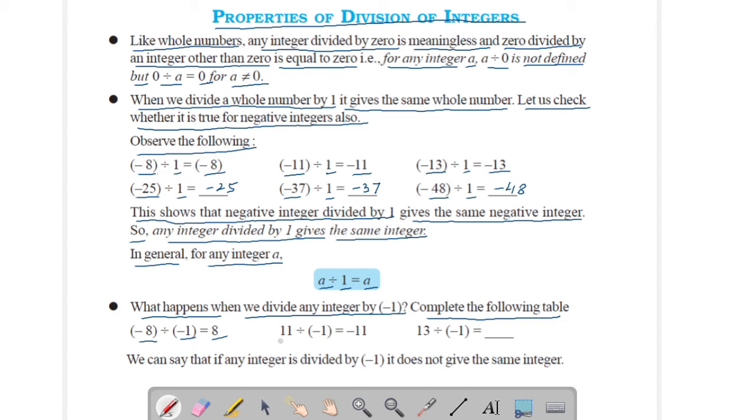Minus 11 divided by minus 1 equal to 11. 13 divided by minus 1 equal to minus 13. We can say that if any integer is divided by minus 1, it does not give the same integer.